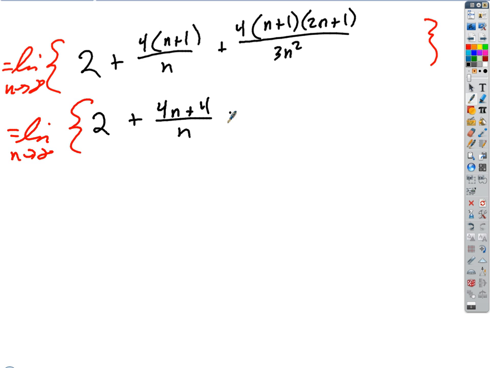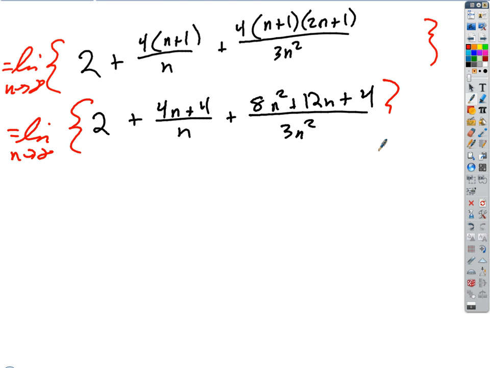Right here, if I FOIL this out, distribute the 4, I'm going to get what? 8n squared plus 3n, so plus 12n plus 4 all over 3n squared.